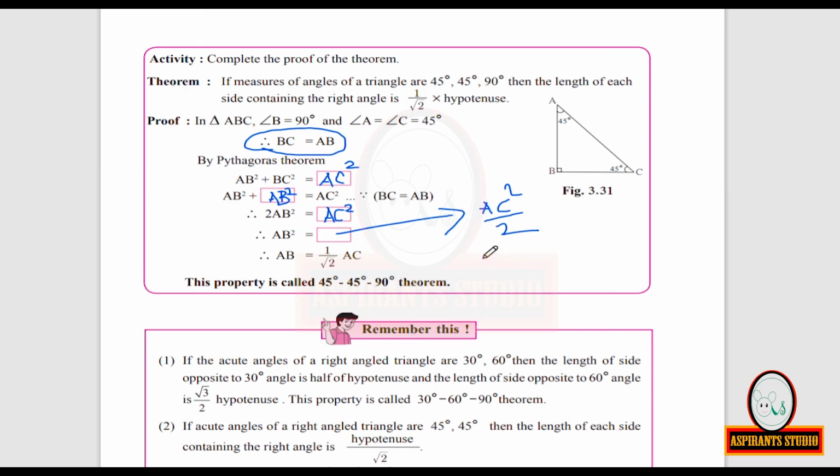It can be written as 1 upon square root of 2 into AC. Square root of 1 is 1 only. So 1 upon square root of 2 into AC. This property is called 45 degree, 45 degree, 90 degree triangle theorem.